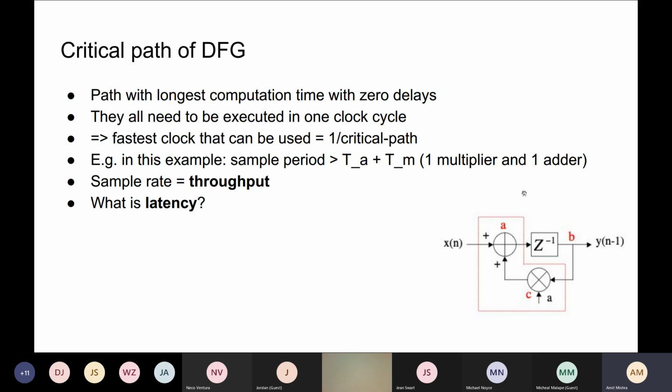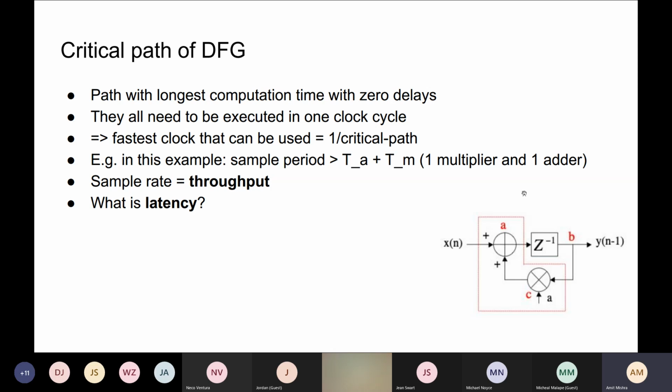So if there is a chain of nodes in a DFG without any delay, then all the operations in that chain have to happen within one clock cycle, because the last node will require the input from the one before that, which will require the input from the one before that. So all the operations should be finished within one clock cycle.